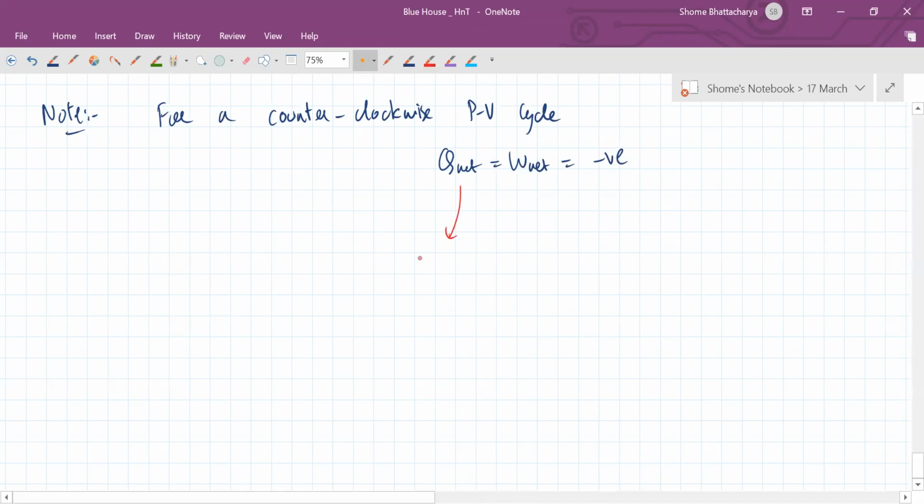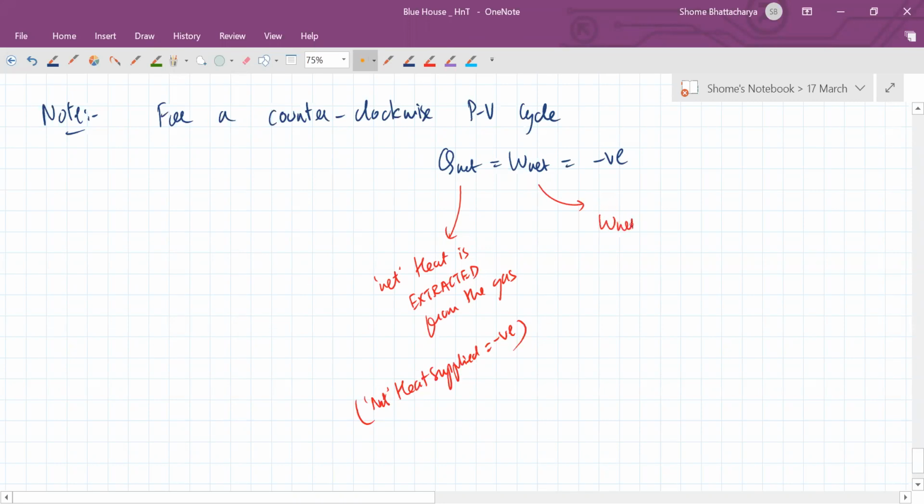So Q net is negative, means that heat is extracted from the gas, not supplied. Because net heat supplied is negative, that means actually heat is extracted from the gas. And likewise, W net being negative implies that work is done on the gas.